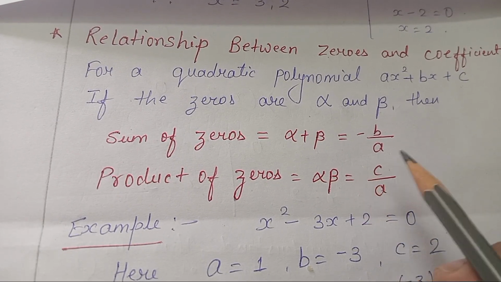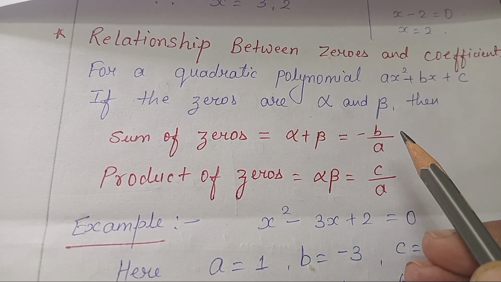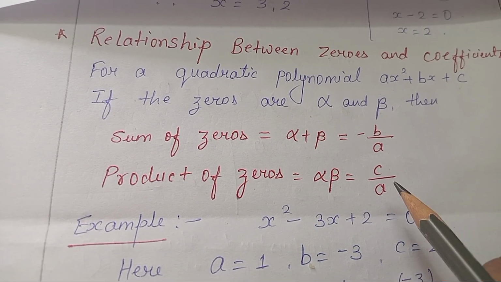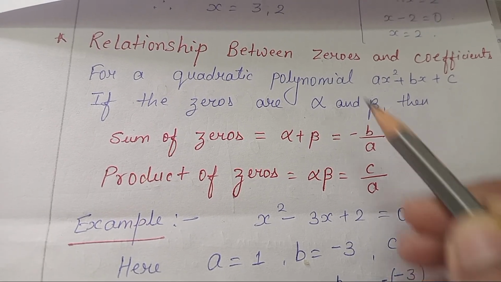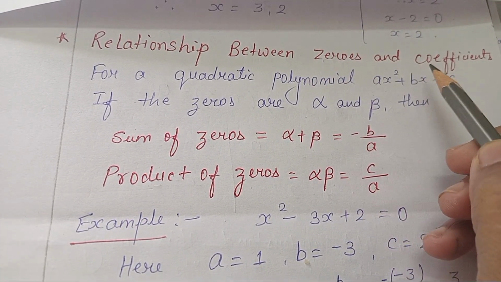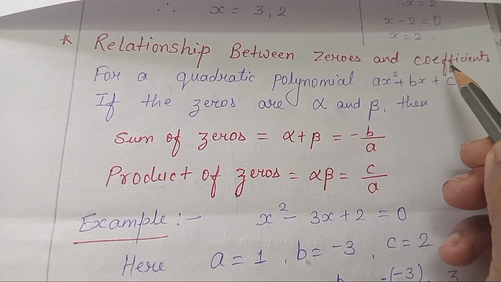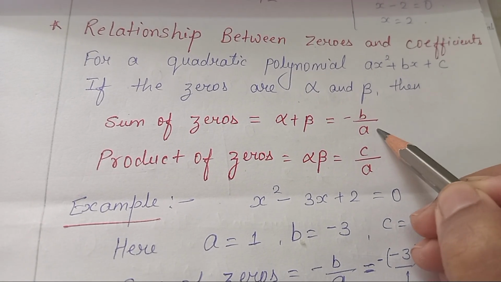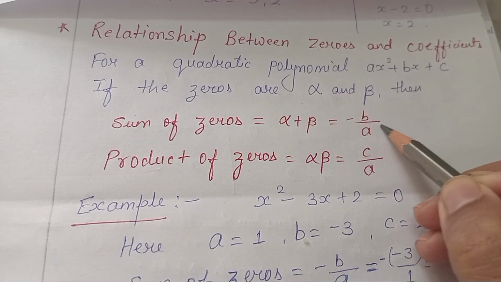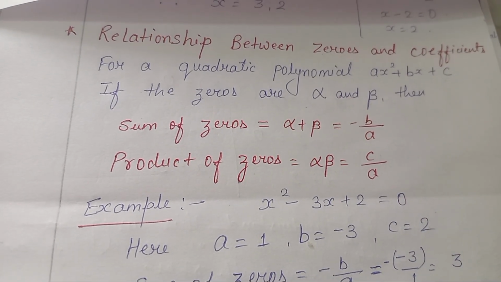This means that if we know the coefficients a, b and c, we can easily find the relationship between the zeros and the coefficients of the polynomial. Remember, this formula is very important for board exams.